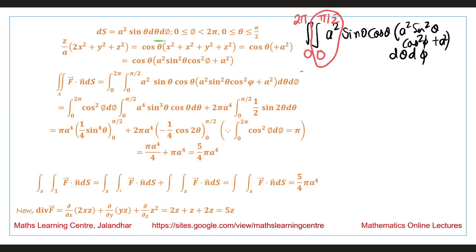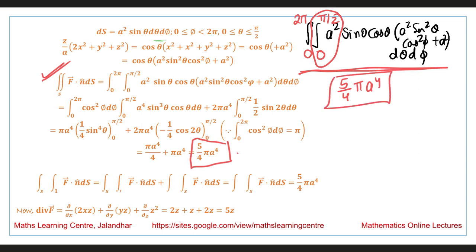On integrating these terms, these calculations are shown over here, and we obtain the answer as 5 by 4 pi a raised to the power 4. You can look at these calculations: this is integration with respect to phi, this is with respect to theta, and this is the answer we have obtained.